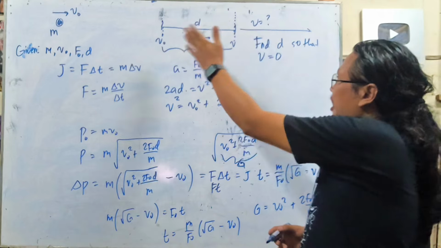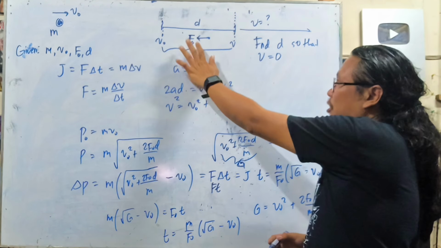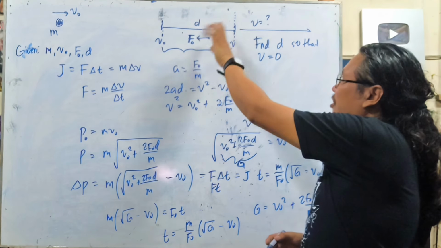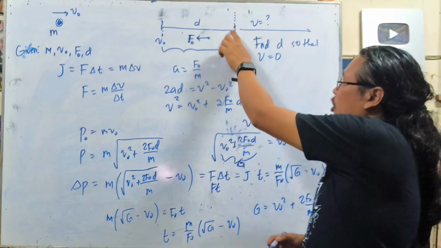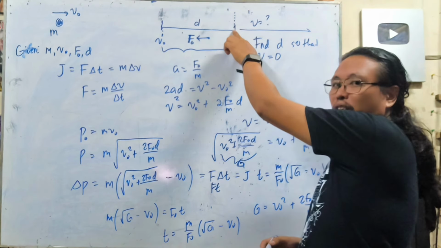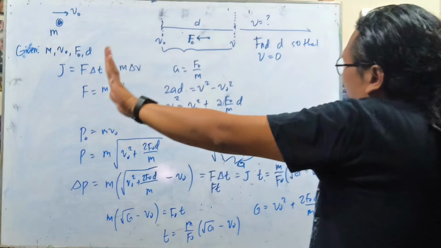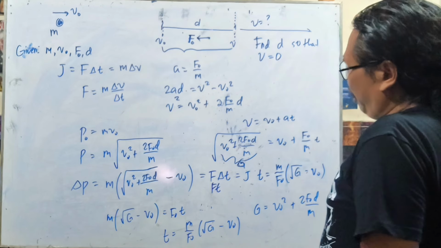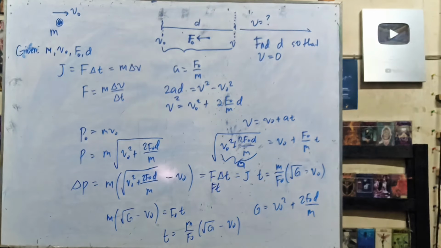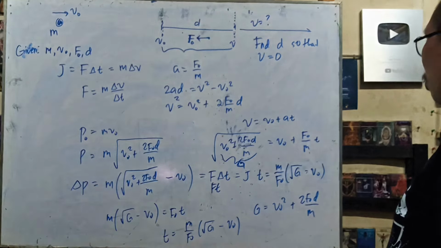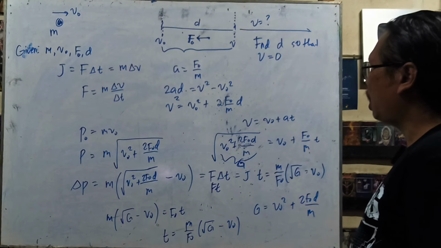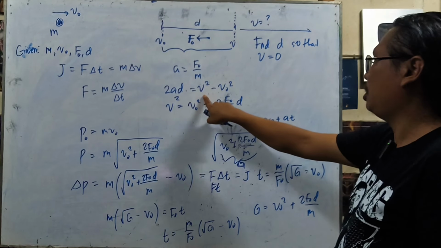Meaning that this is constant, this is fixed, and we want the final velocity to be 0 right here, just at the end. What should be D? We want to adjust that. If the final velocity is 0, what is our D?